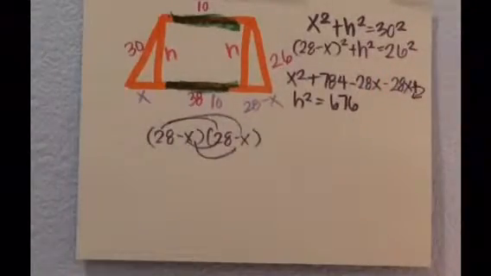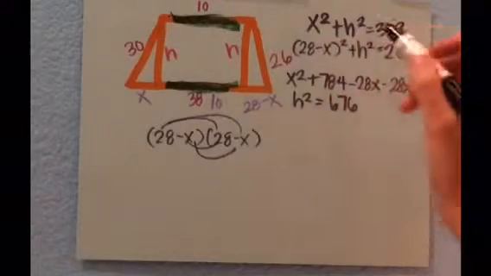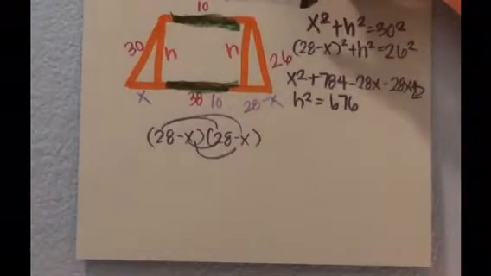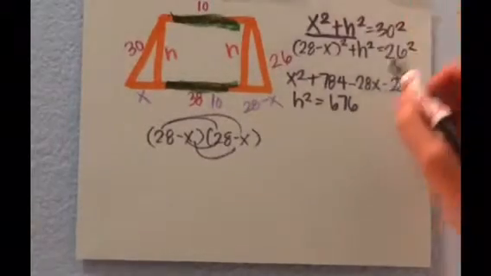So now we have to subtract everything over so we can get like terms. So the like terms are x squared plus h squared. So we have them right here.